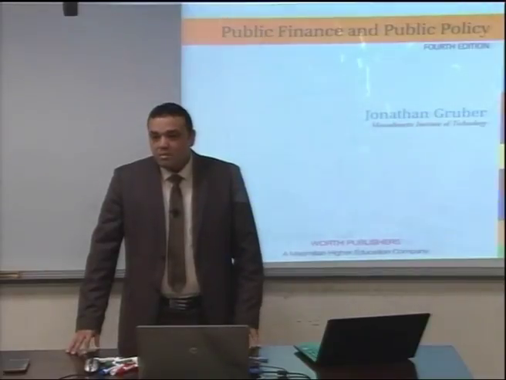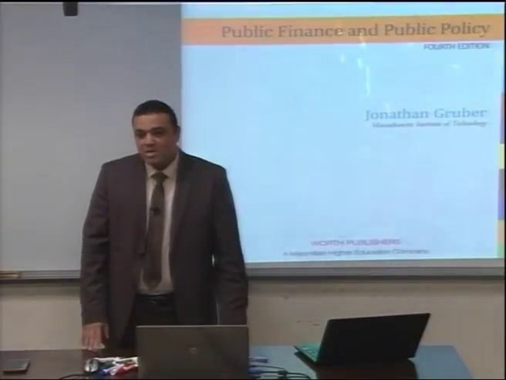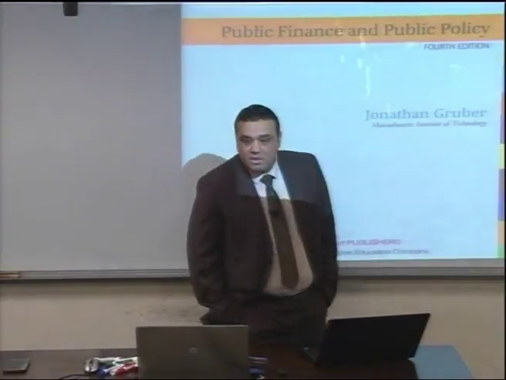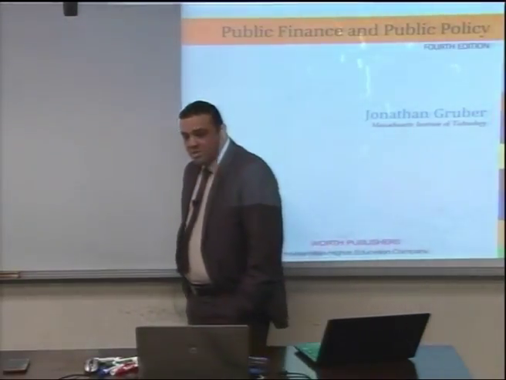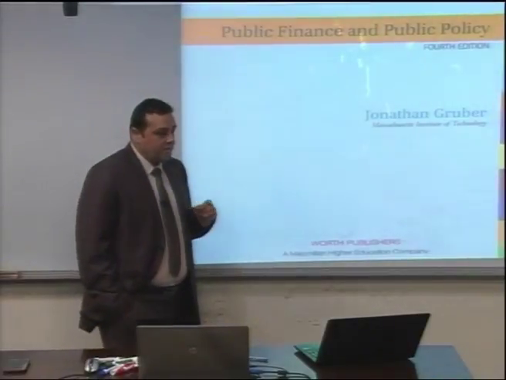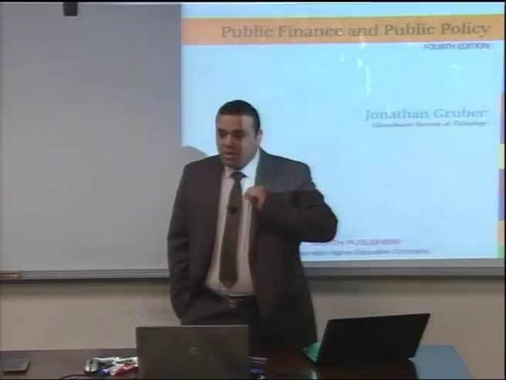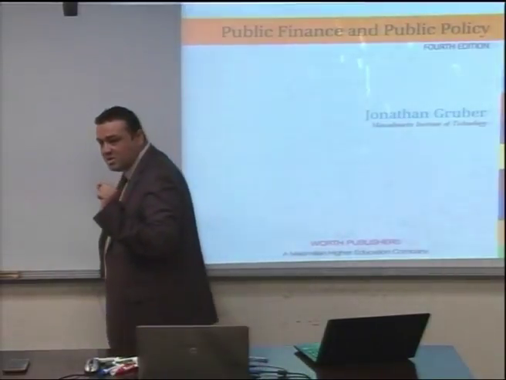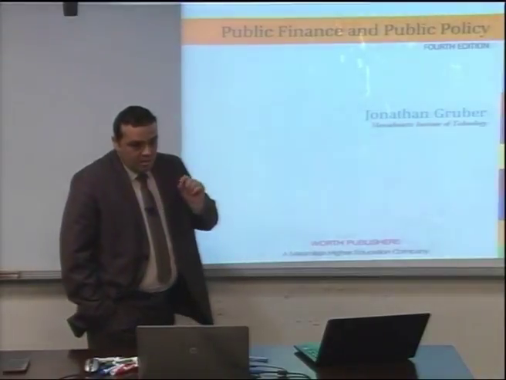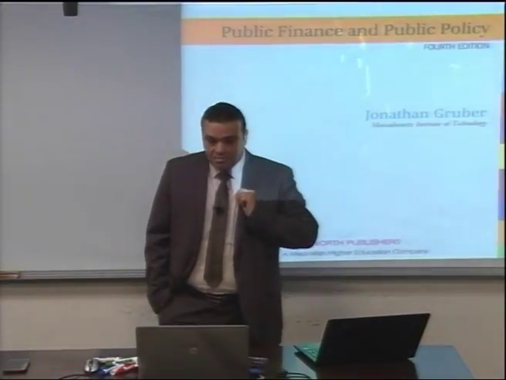Okay? And in chapter 2, we will study something related to social efficiency by using indifference curves and budget lines, as well as income and substitution effects. Then we will go to an important topic, which is the Gini coefficient and the equity of income distribution.